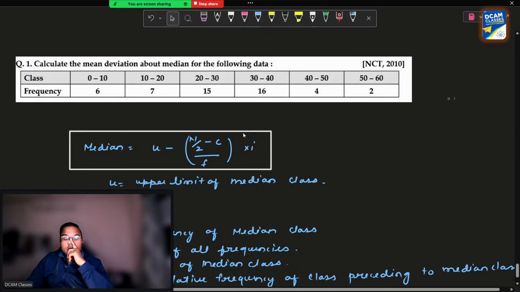Acha, for Kanishka, median class also she will have to find, na?